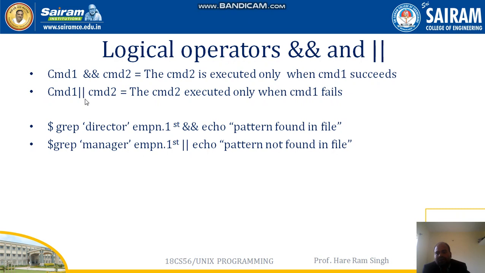And in the case of ||, command 2 will be executed only when command 1 has failed. This is the difference. In the first one, command 2 is executed only when command 1 has been successfully executed. In this one, command 2 is executed only when command 1 has failed. Next, grep director employee.first && echo pattern found in file.